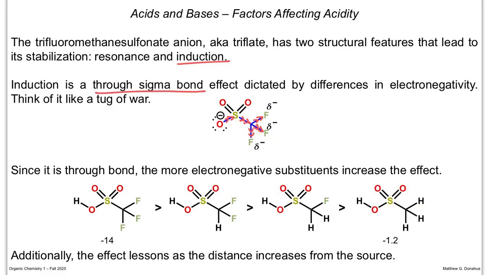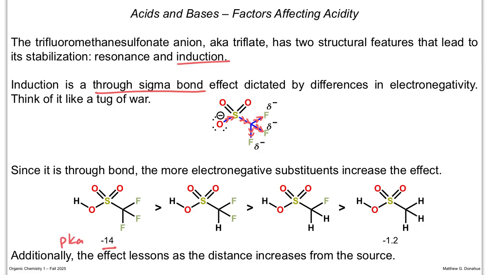In the series of 4 compounds here, you'll notice they all have this SO3H group, and then they differ by the number of fluorines attached to the carbon. So this was the 3. Its pKa value was -14.